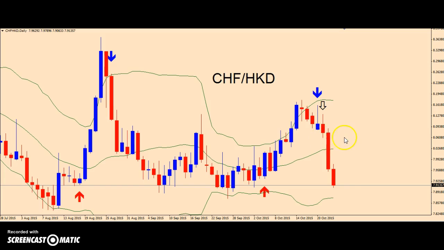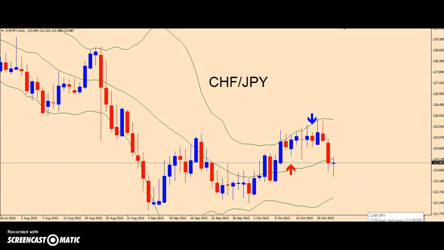So that would have been an open price there and a stop loss there, and that would have worked out very nicely. Another sell signal, and candle formation also gave us confirmation. And again, we've seen the bearish there.